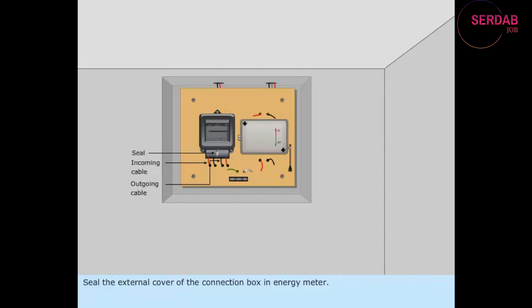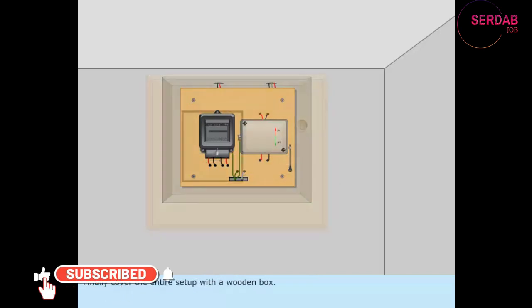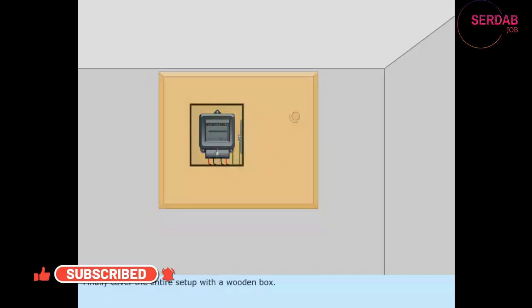Seal the external cover of the connection box in energy meter. Connect the outgoing cable of the meter to ICDP switch box. Earth the casing of meter and ICDP box with the earth plate. Connect the earth wire to the earth plate. Finally, cover the entire setup with a wooden box.